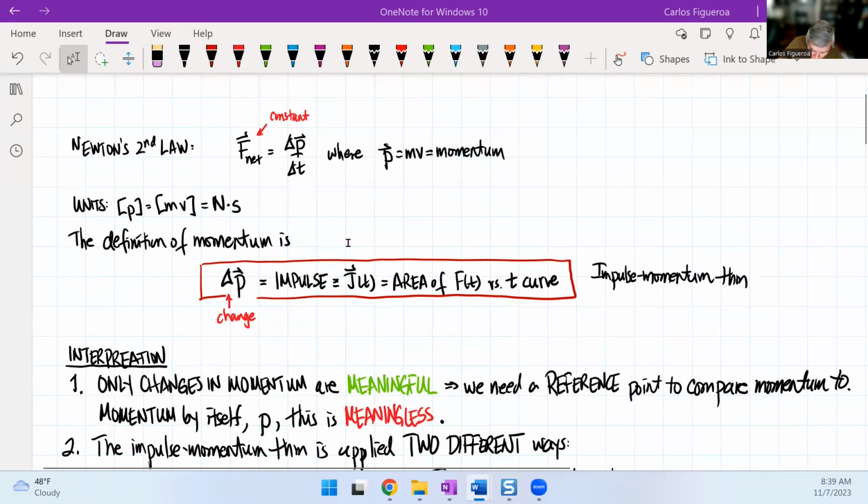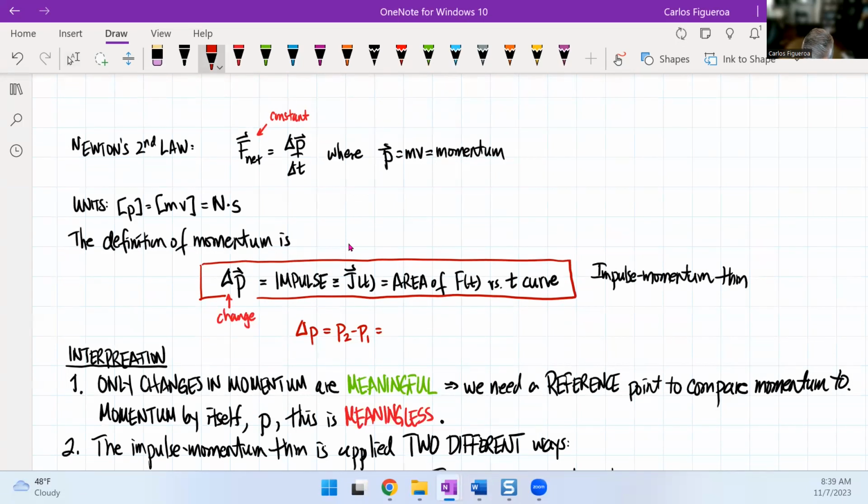In other words, assuming that the mass is the same, it's going to be mv2 minus mv1, and that will be the change in momentum if the system does not change its mass. And in this course, we don't have that because it gets complicated too fast when the mass changes. We have to use calculus then.